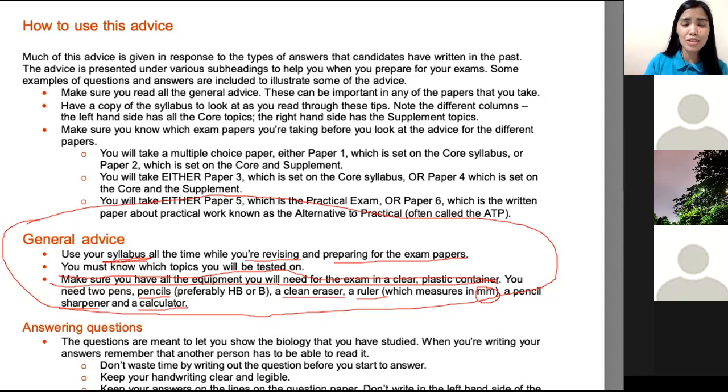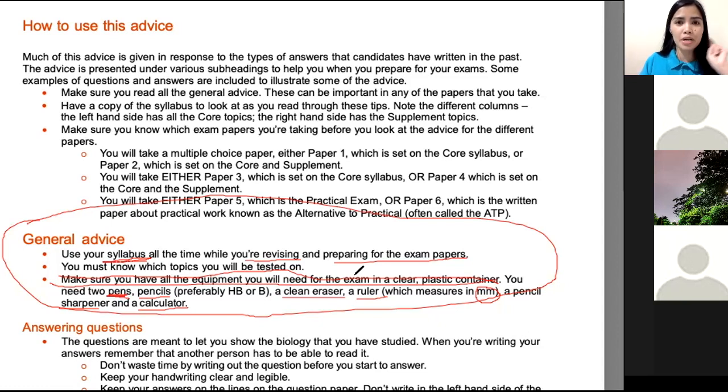Do not use pens for making data charts and graphs, right? I think last time I deducted 1 mark if you used a pen for the data chart. Of course, you use pens for the other answers, or probably you just type your answer.